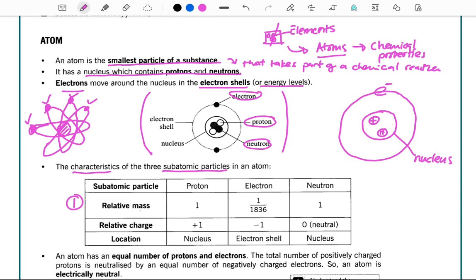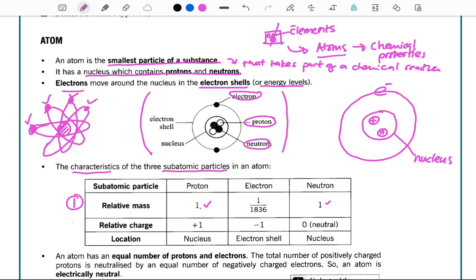So relative mass for protons is 1, and also for neutrons it's 1. So on the relative mass, the protons and the neutrons are the same, and then the electron is 1 over 1836, or sometimes you find other textbooks which may say 1 over 1880. It's still okay.